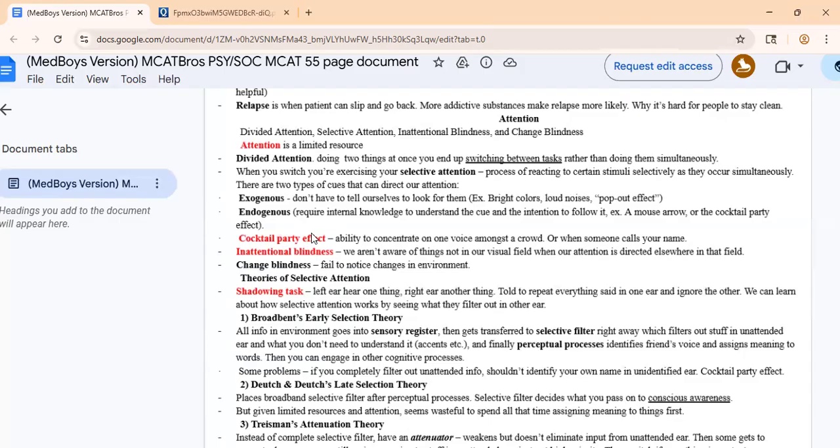Exogenous is when we don't have to look within ourselves for it. We just happen to see it, like a loud noise. Endogenous is internal knowledge to understand the cues that are coming in.